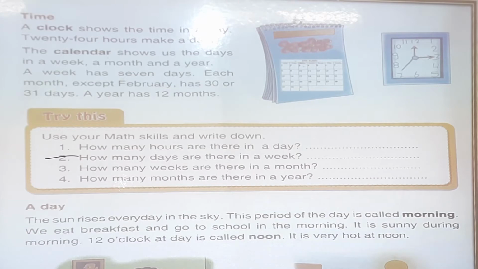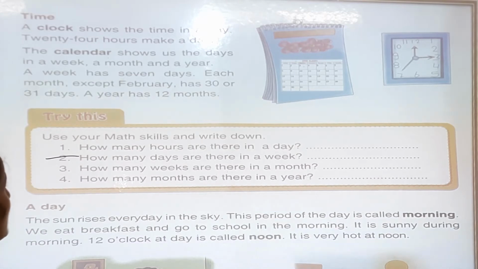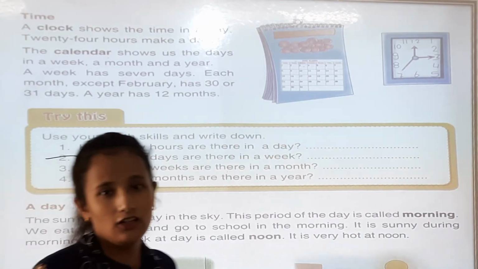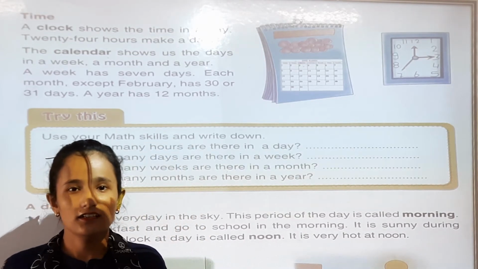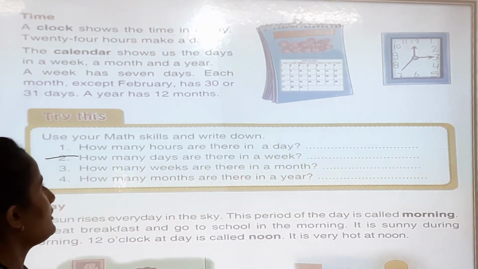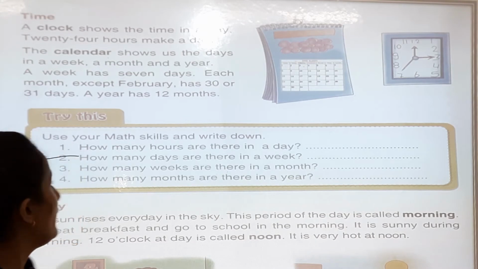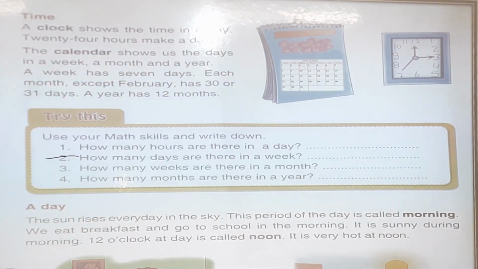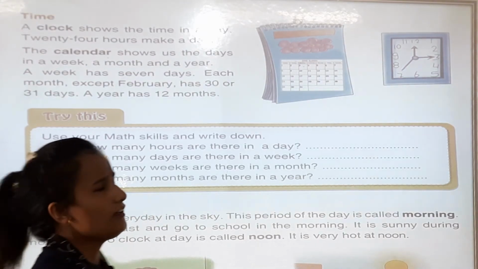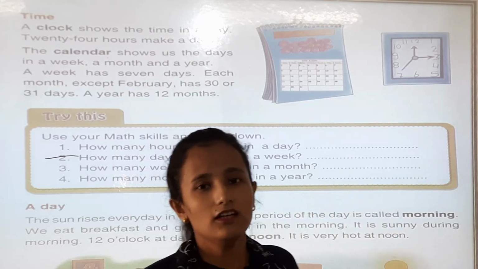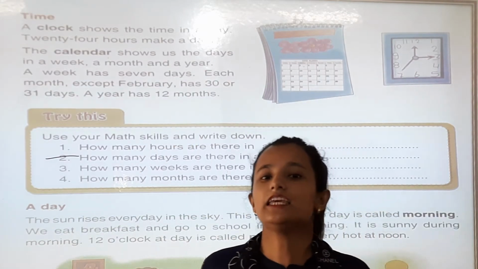Each month except February has 30 or 31 days. A year has 12 months. February has 28 or 29 days, because after 4 years it will be a leap year, right?